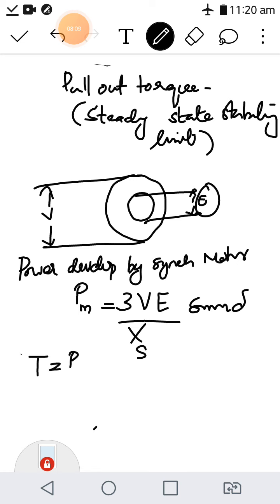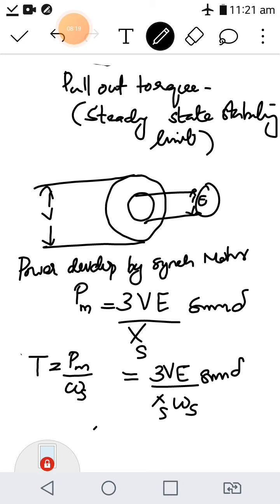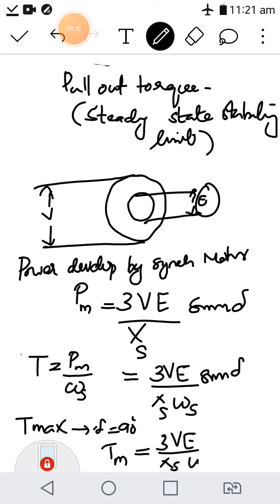Torque is equal to power by omega s. So torque equals 3VE by Xs omega s into sine delta. And we know that for a given frequency, T will be maximum when delta is equal to 90 degrees. When you substitute delta equal to 90 in this equation, you will get torque maximum is equal to 3VE divided by Xs into omega s.